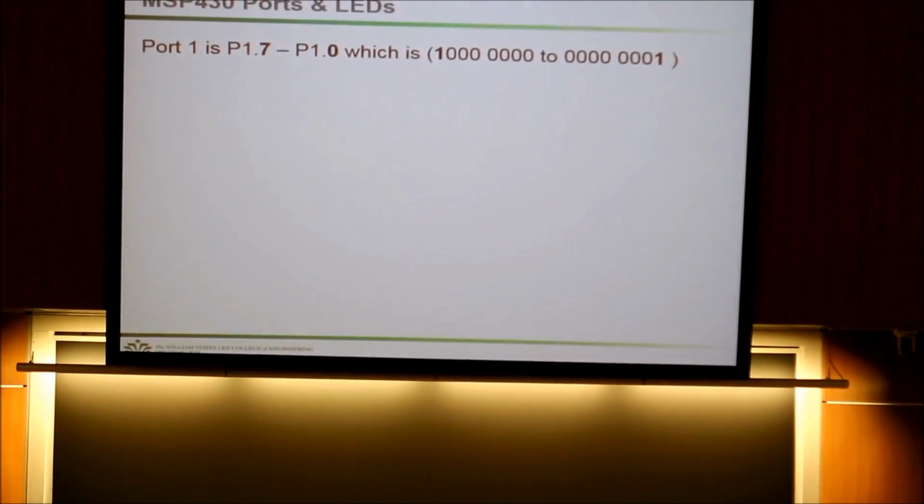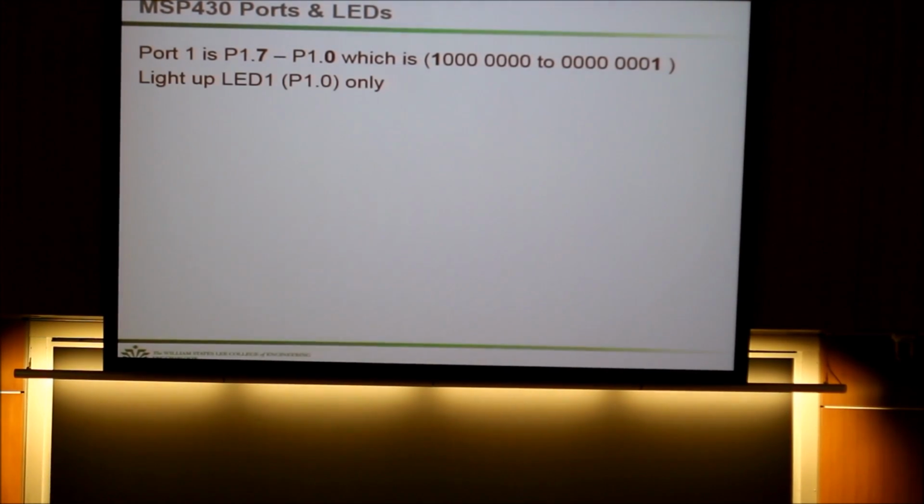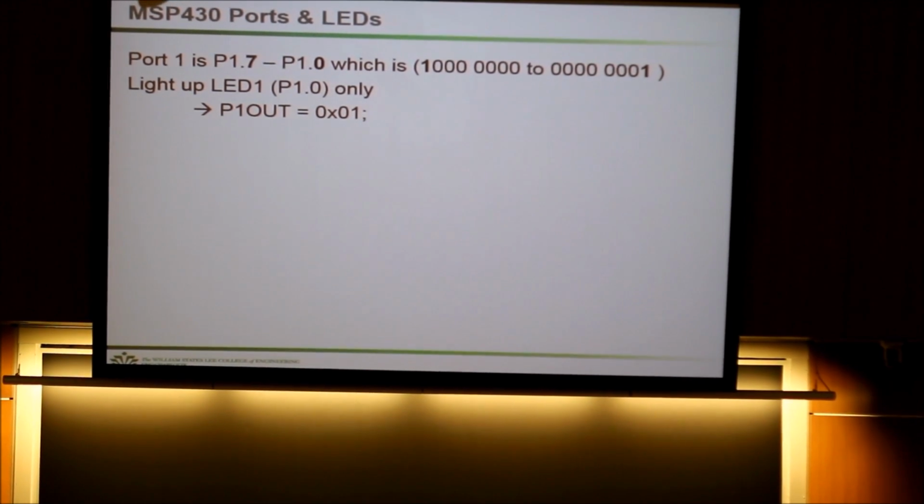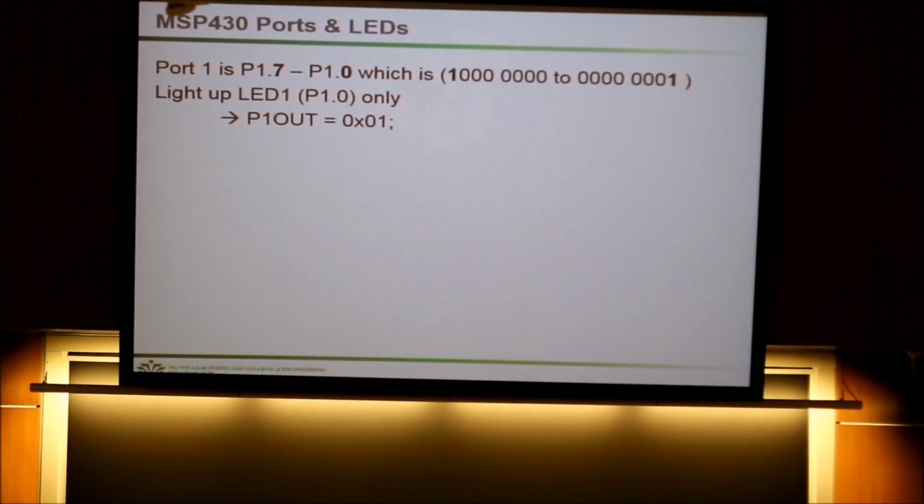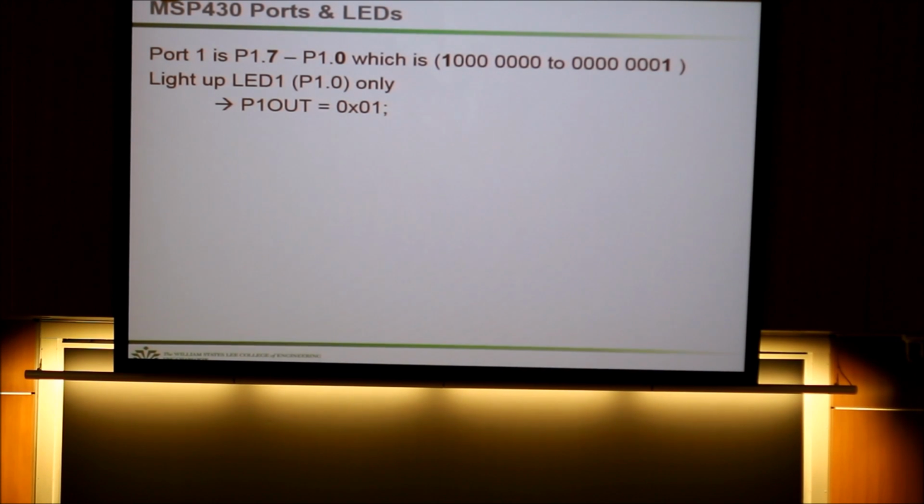So, port 1, which we mentioned can light up only, if we wanted to light up only LED 1, which is all the way on the right-hand side, we would have P1OUT equal to hex 01. If we wanted to light up only LED number 2, you would then say P1OUT equal to hex 40.